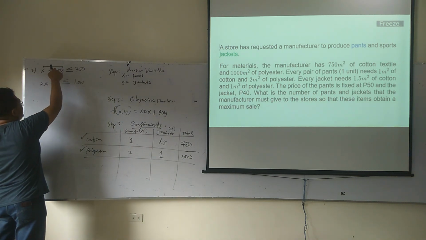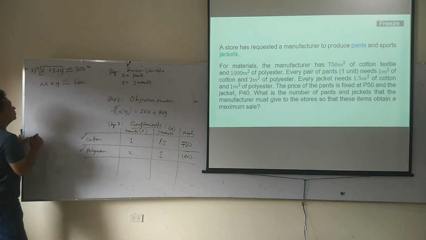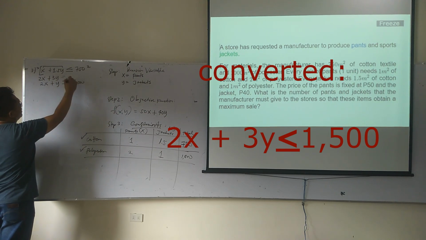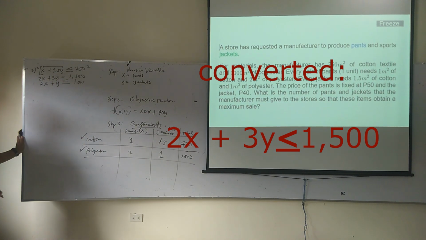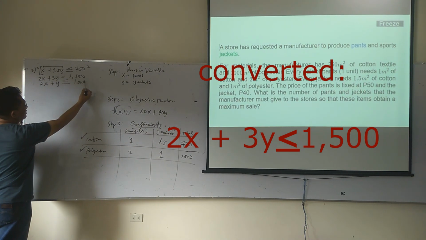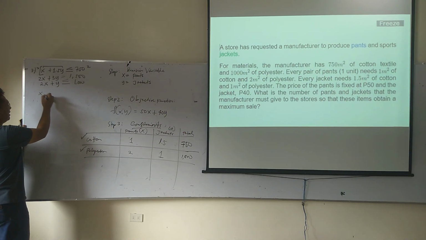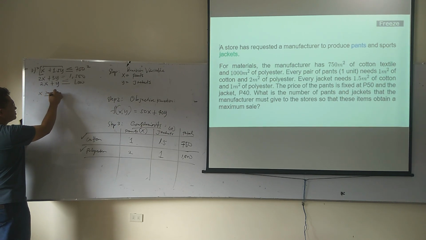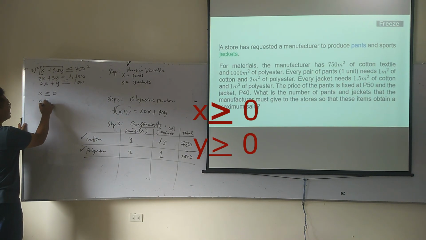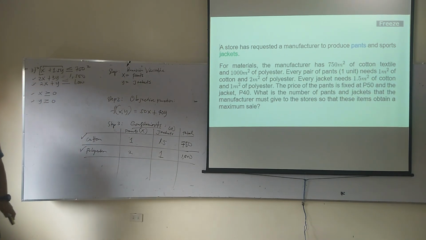For easy computation, we can convert both sides by 2, so we have 2x plus 3y equals 1,500. And of course, you have to write down that x is greater than or equal to 0, because we cannot use negative, and y is also greater than or equal to 0. So these are our constraints.